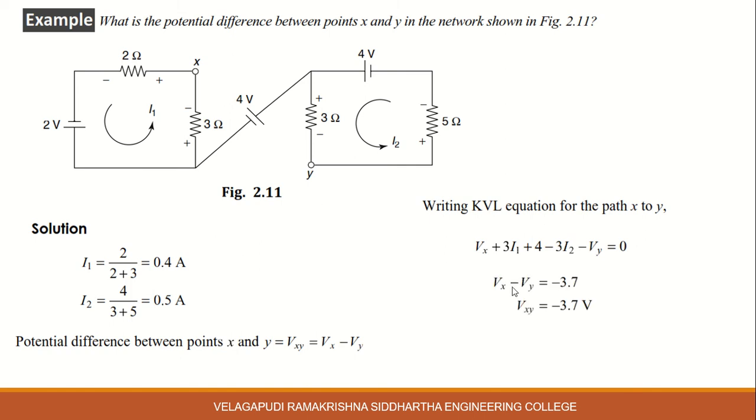Now simplify: Vx minus Vy equals minus 3.7. So Vxy equals minus 3.7 volts.